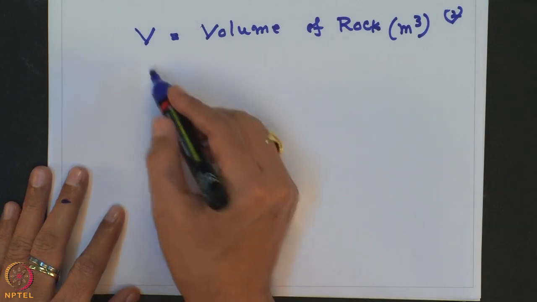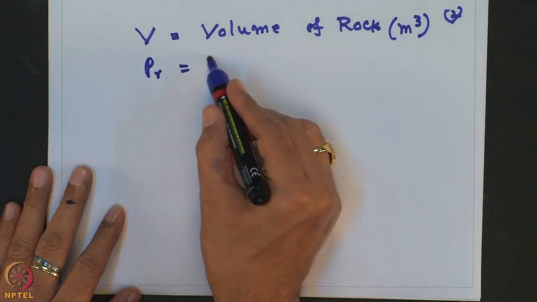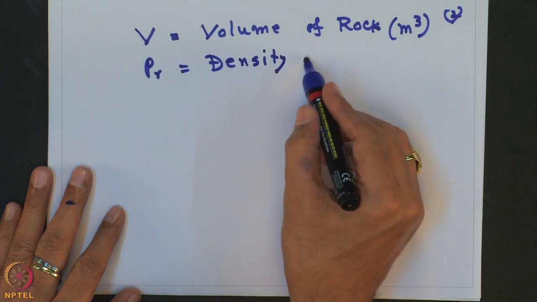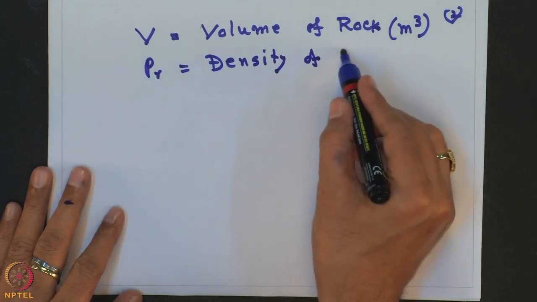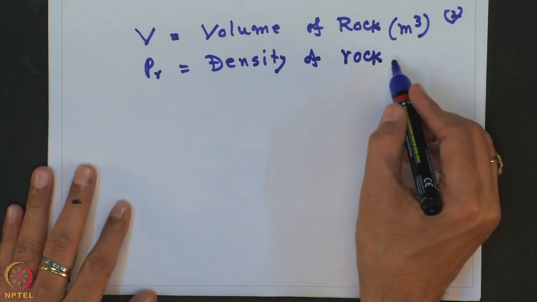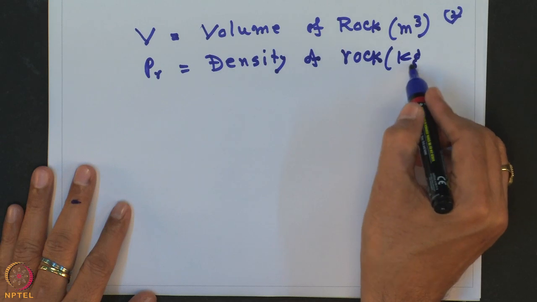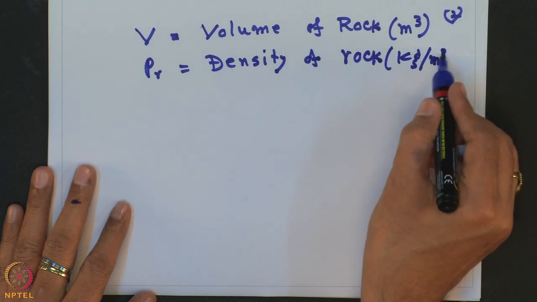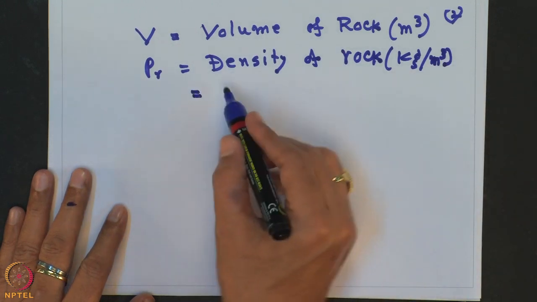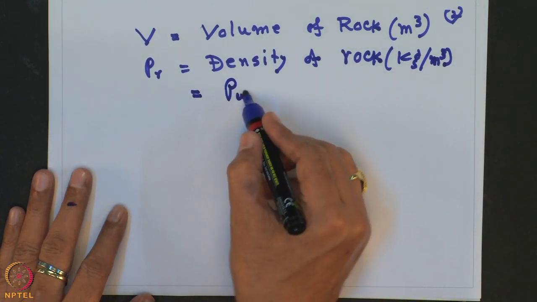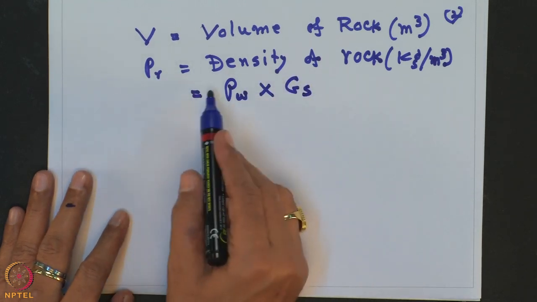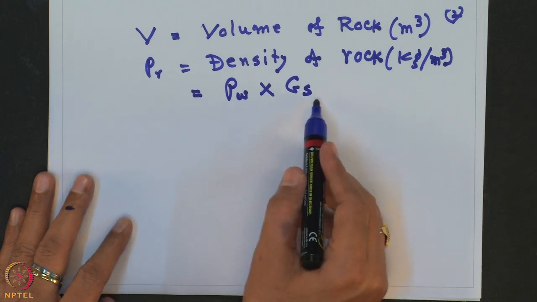So, density of the rock is in kg per meter cube. That means, this will be equal to rho w into Gs. This density of the rock, rho w into Gs.